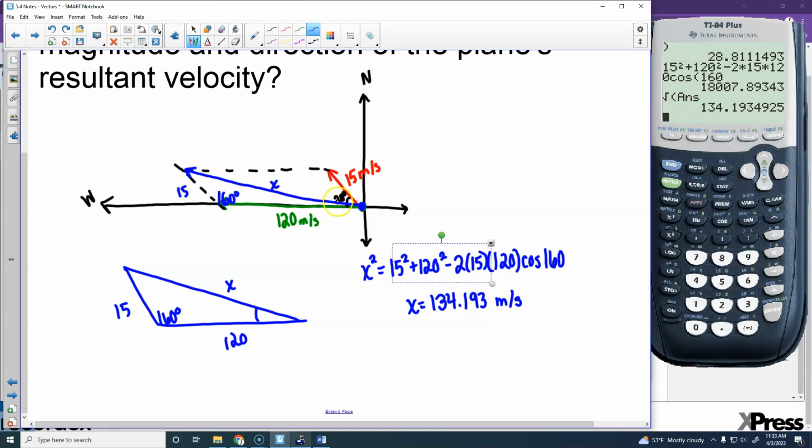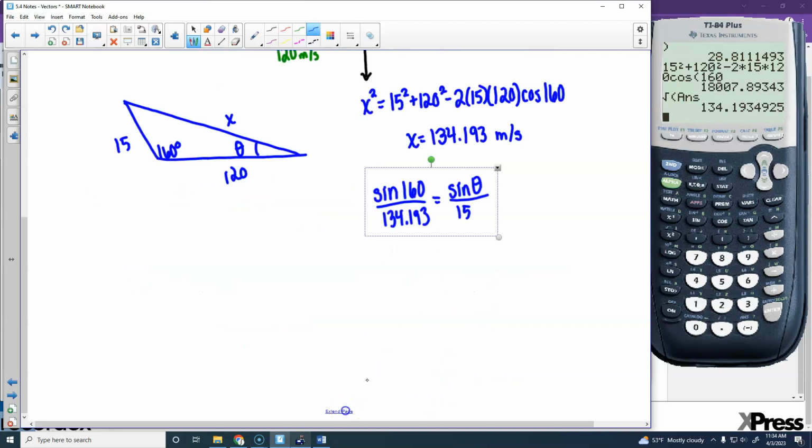And then the easiest angle to find here is going to be this angle because it actually touches the west direction. Okay? You could find this angle, but then you're going to have to subtract it from stuff to find either the angle here or angle here. So you would have to do sine of 160 over this number, 134.193, equals sine of theta over 15. And so that would give us 15 sine 160 equals 134.193 sine theta.